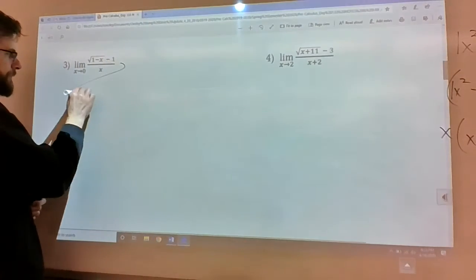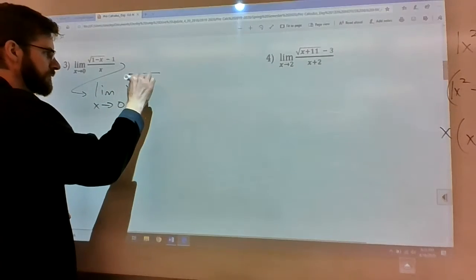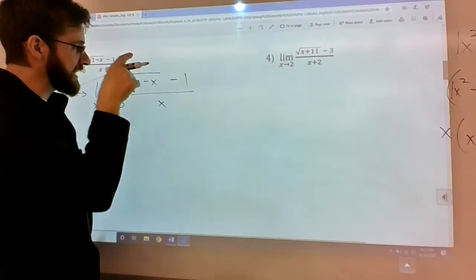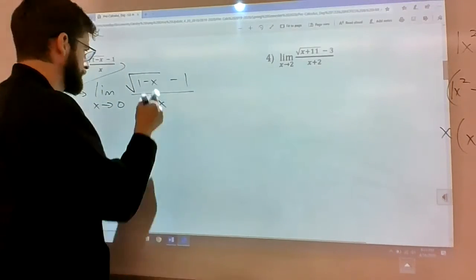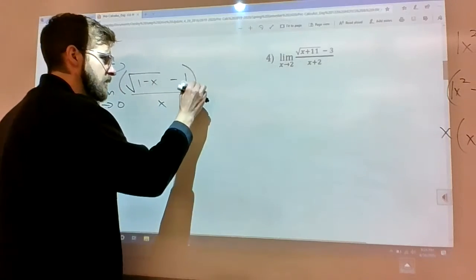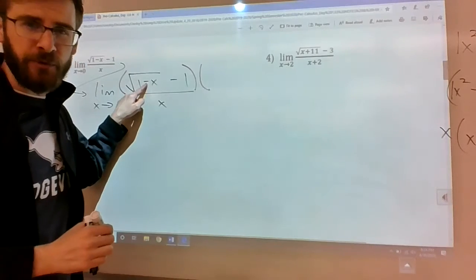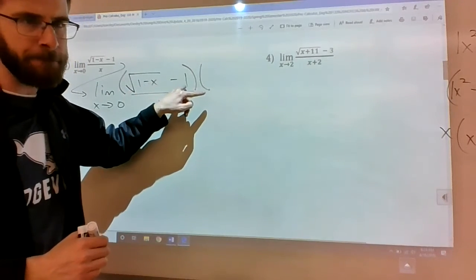We could say perhaps if I multiplied by the conjugate on the top, which is not the inside of the root that's affected, but it's this difference between the root and the non-root.